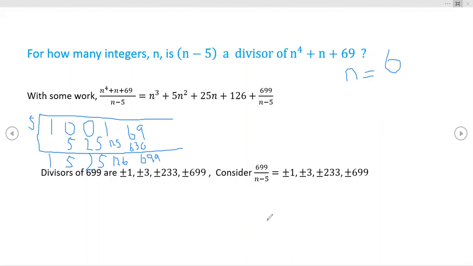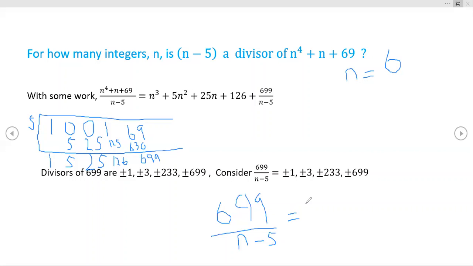But just for a concrete example, what if we set 699 over n minus 5 equal to some other divisor in the list? Because again, we've listed all the divisors, right? So maybe you want to try 233.